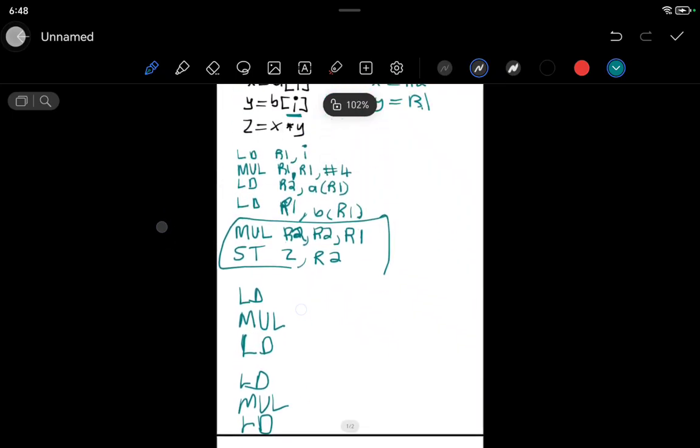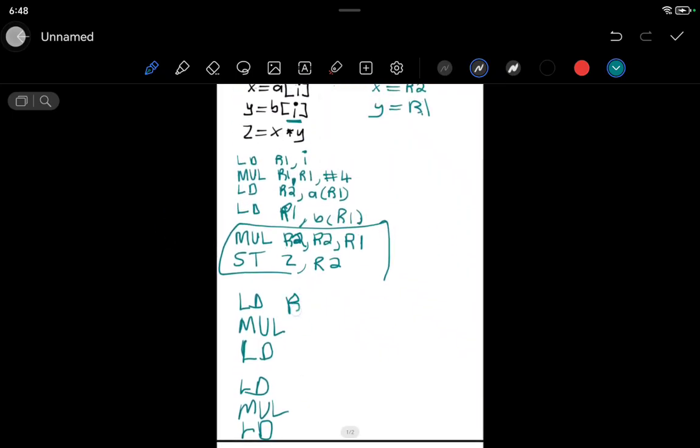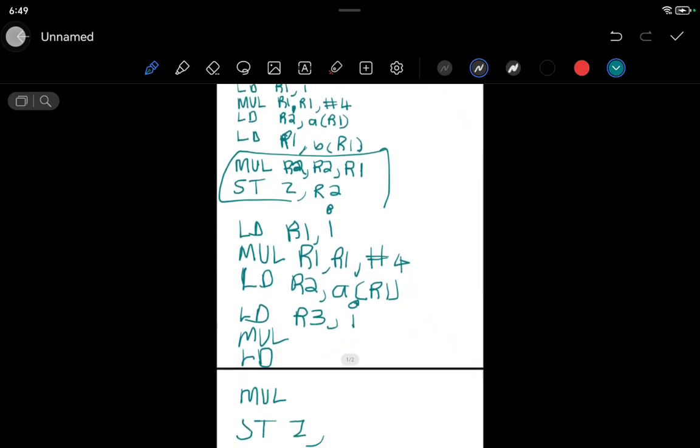So let's start here. I'm loading I, right, into R1. I load I into R1. Then I multiply. When I multiply, I'm going to have both R's, right? R1 hash 4, multiplying by the byte. Then I loaded this into R2. I'm loading A, R1. This one, right? And then I do the one for B now. Let's do it. It's R3, I. So we're going to associate them at the end, right?